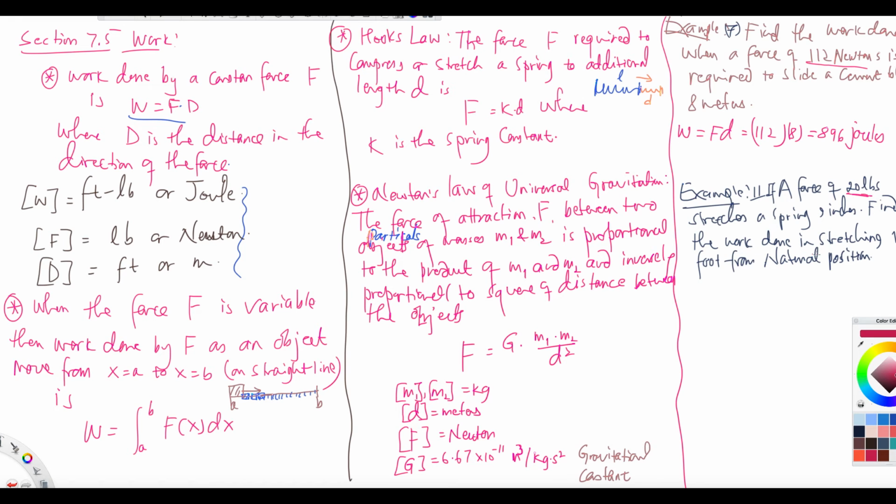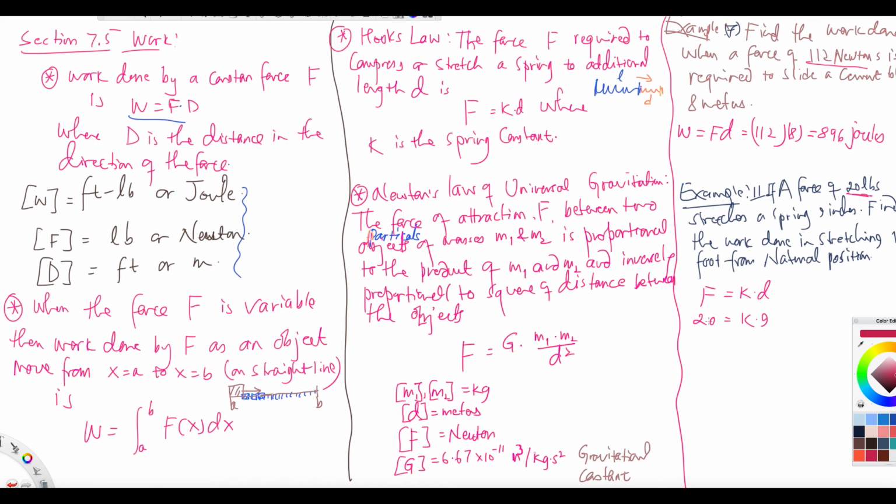Find the work done in stretching 1 foot from natural position. So we use Hooke's law here: F equals K times D. F is 20, required to move it 9 inches.